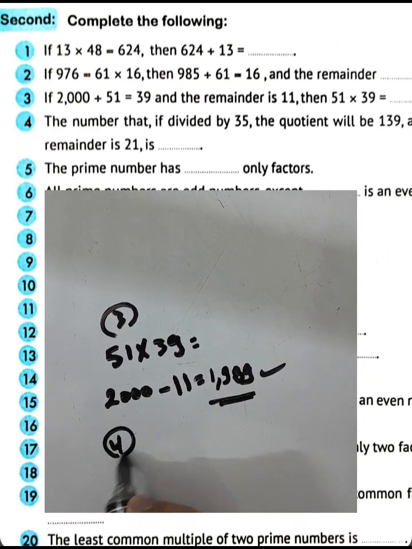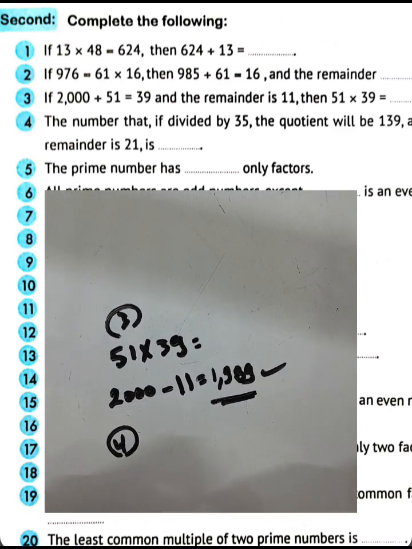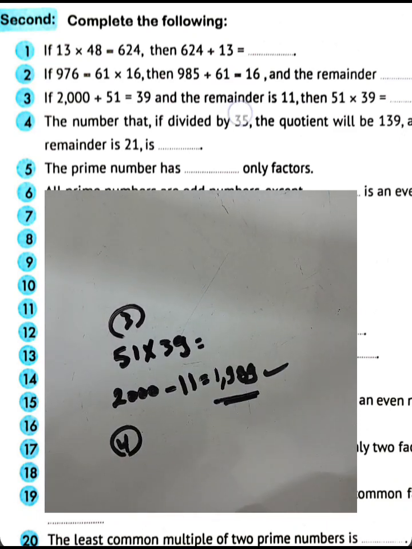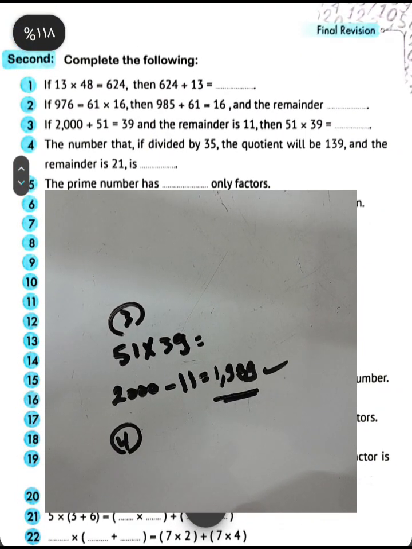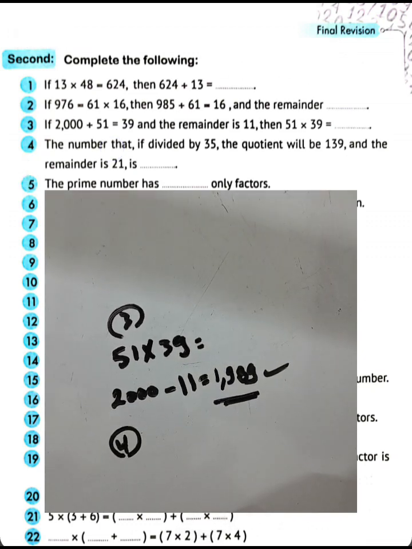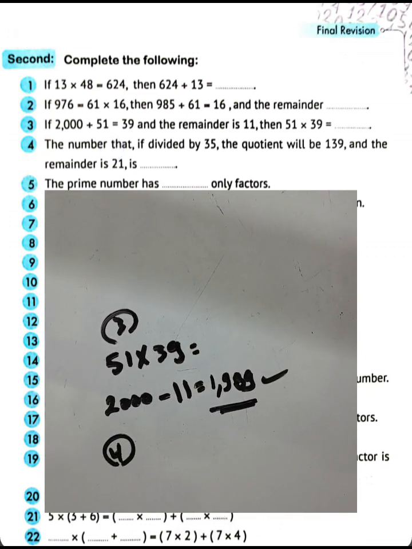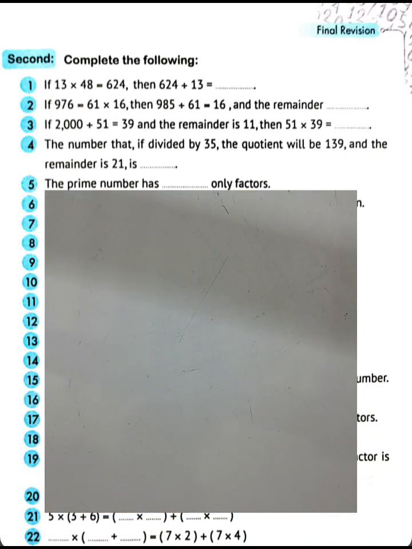Next, question number 4. The number that, if divided by 35, gives a quotient of 139 and a remainder of 21, is what? We want to find the dividend. We know the dividend equals the divisor multiplied by the quotient plus the remainder.